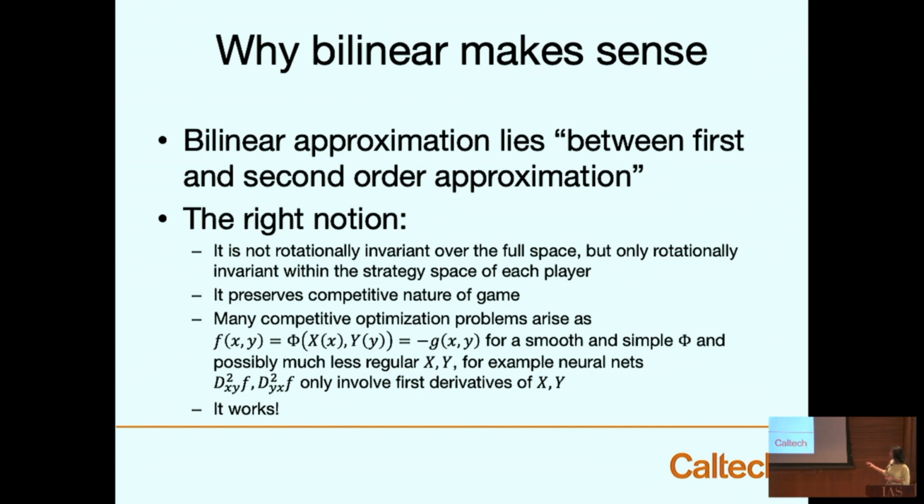The other is that we believe it's rotationally invariant only on each agent and not overall, so it breaks the symmetry of the rotational invariance over the overall set of variables on both agents. And there could be many other reasons. But the idea is that we don't need to go to full quadratic; we have this middle ground, and we also have closed form solutions for it.